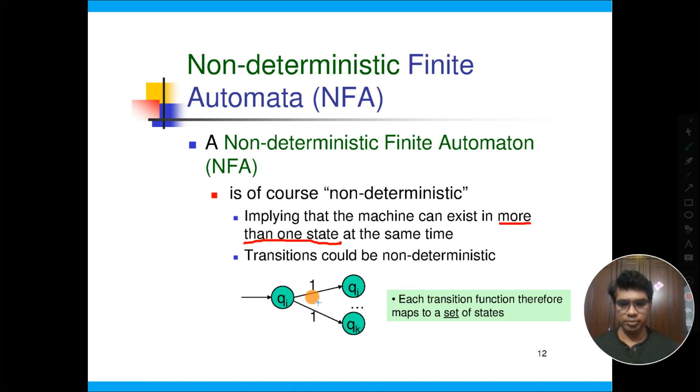There is one example here. For input 1 from Qi, let's say the current state is Qi, for input 1 and 1 here, it is going to Qj and Qk. That means it is going to more than one state. So we say that it is non-deterministic. We cannot determine the next state.